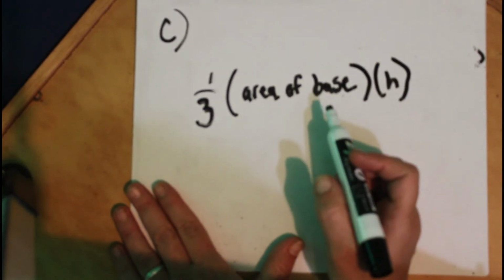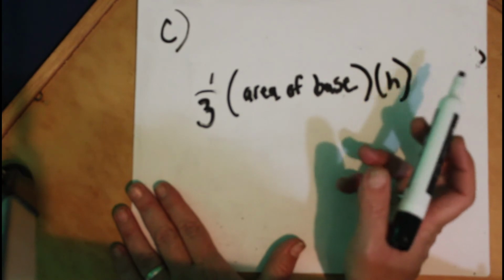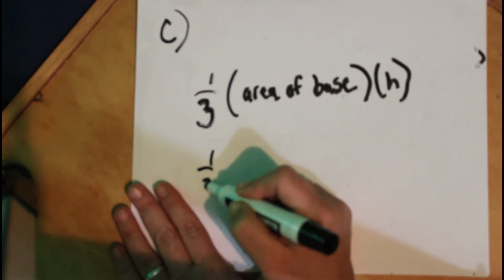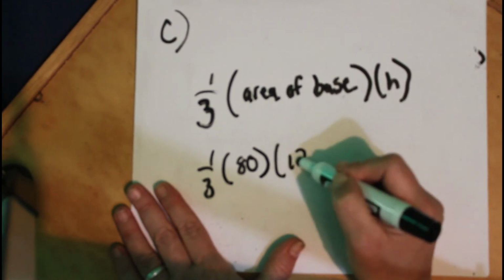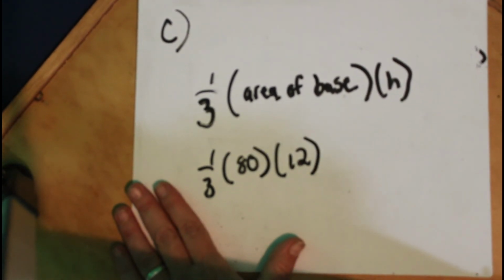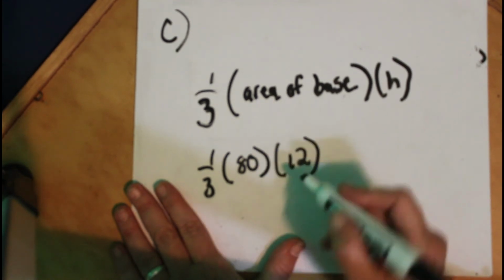Alright, area of the base would be, it's 8 by 10, so 8 times 10 is 80. So we got 1/3 times 80 times the height, which is 12. 80 times 12, use my calculator, is 960.